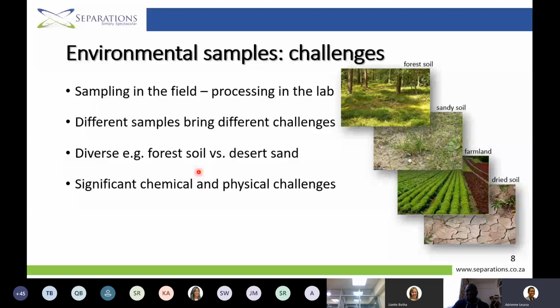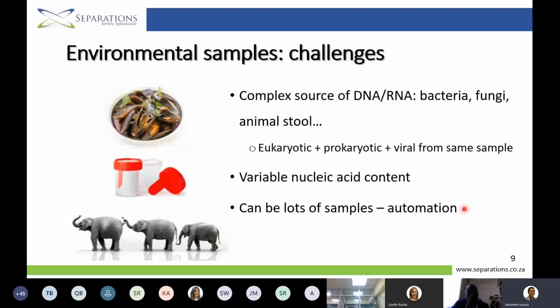So you have variable nucleic acid content at different times. And because you have to have a representative idea of what is happening in your area of sampling, there's usually a need for collecting lots of samples. And so there might be a need to consider automation during your processing of your samples.